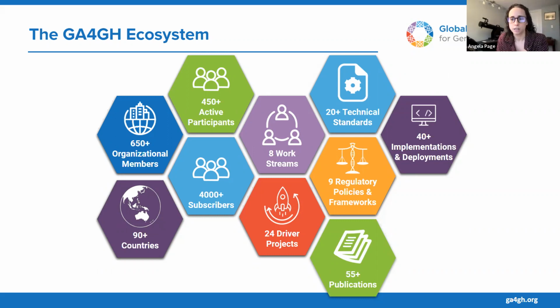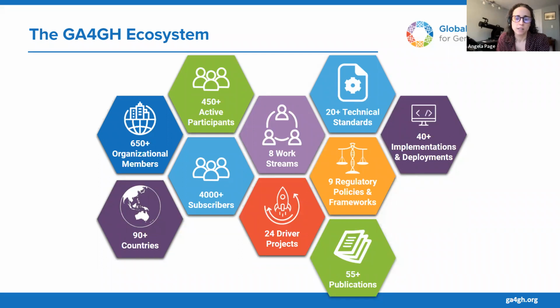These are the folks that are boots on the ground, having conversations every week about how we are going to standardize this activity and these sharing efforts. They do that in the context of 8 work streams, and we have 24 what we call driver projects who sit on those work streams, and I'll tell you more about that as well.